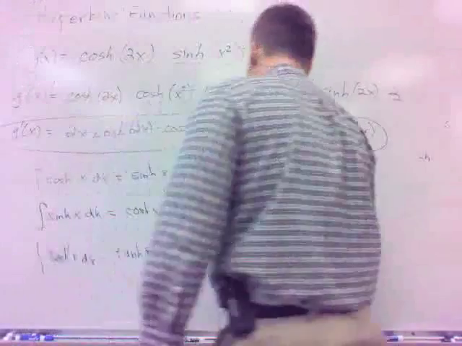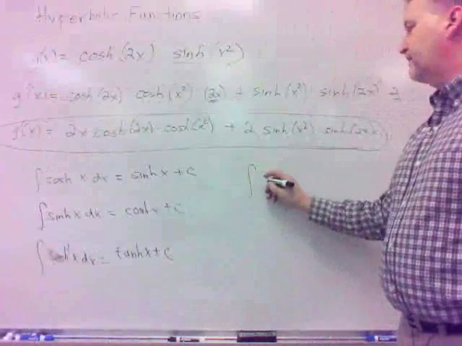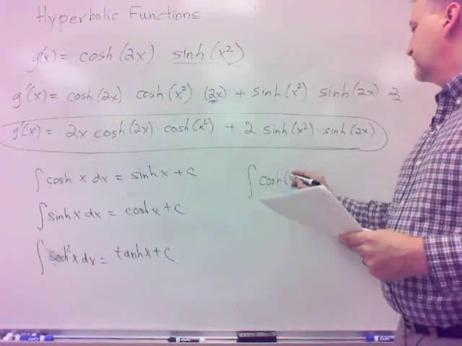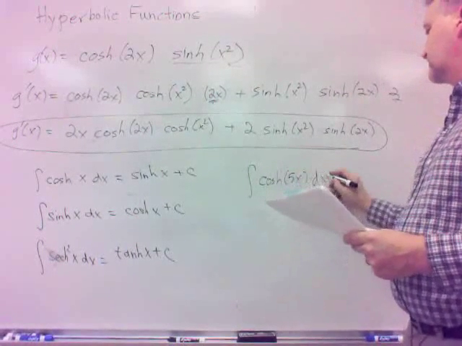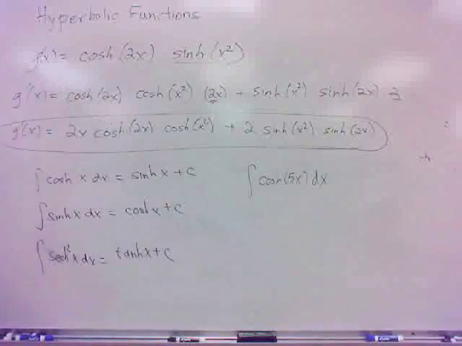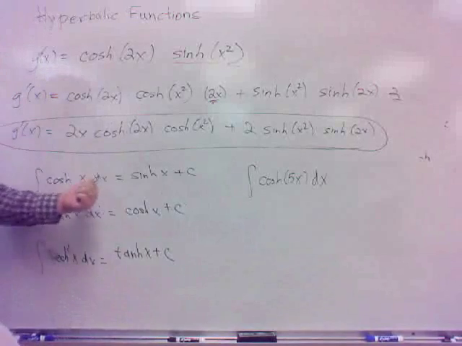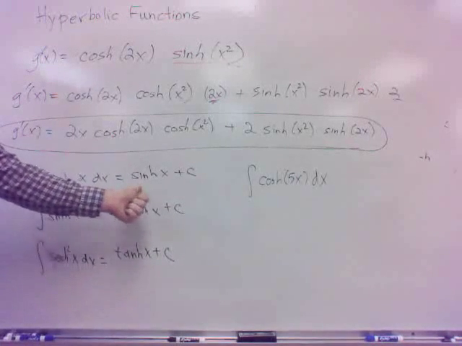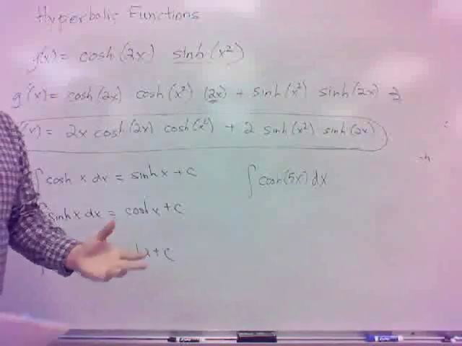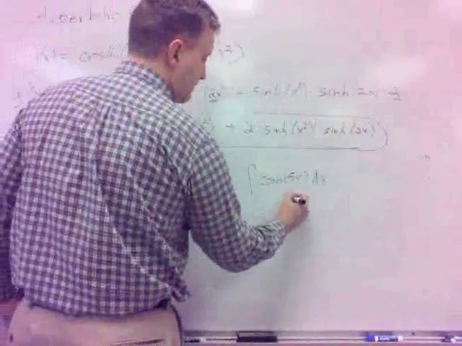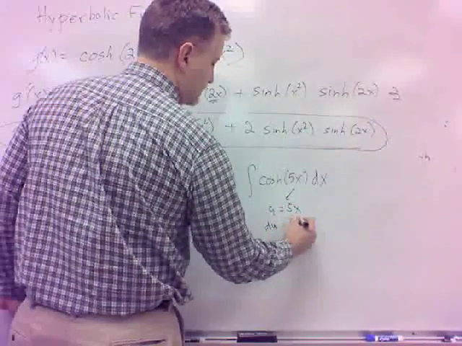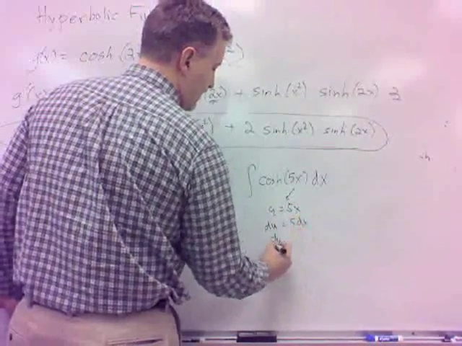And so the main one to emphasize here, now what if I have the integral of cosh of 5x dx? Well, that's not quite sinh. Almost is. All I have to do there, because of the cosh of 5x, it's a little simple u substitution, isn't it? Let u be that 5x. And so du would be 5 dx. So du over 5 would be dx.